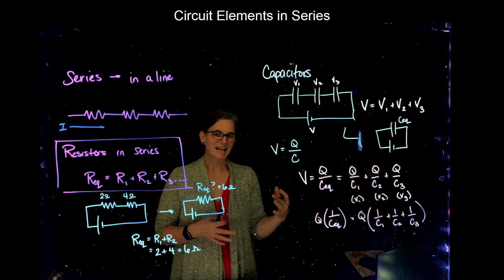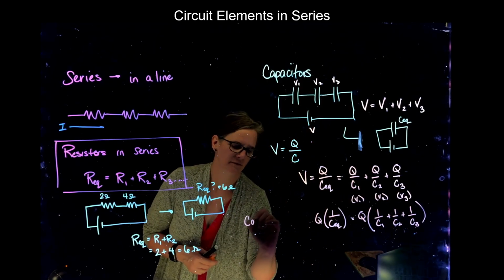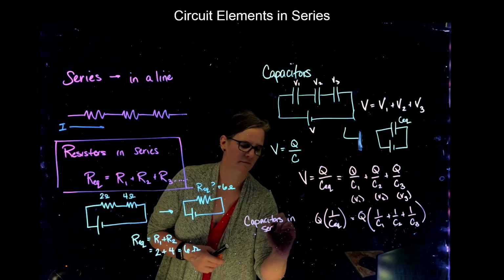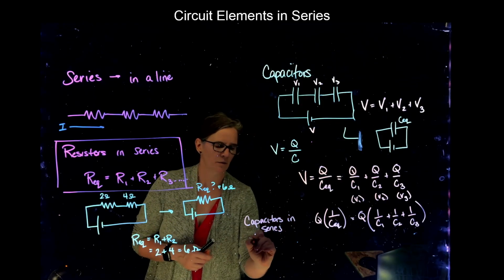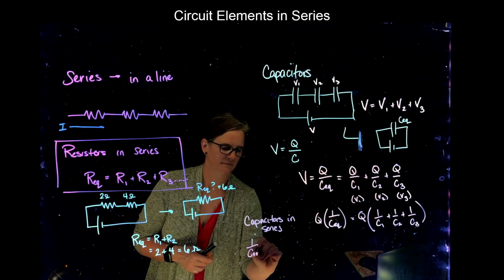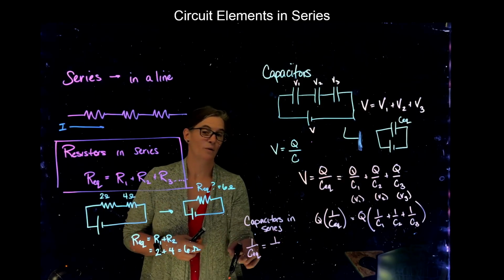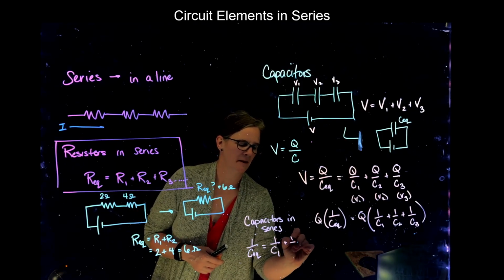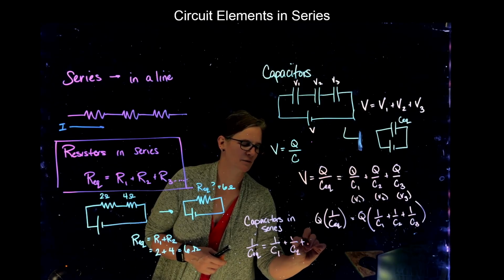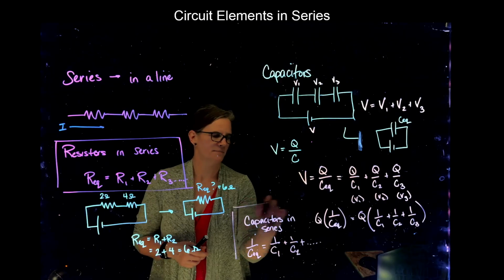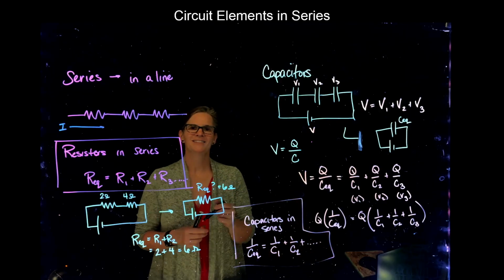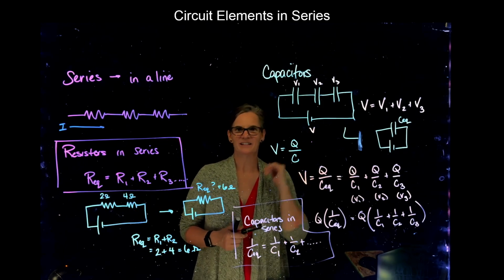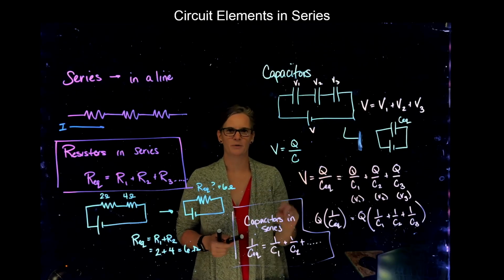So for capacitors in series, 1 over the equivalent capacitance is 1 over C1 plus 1 over C2, and so on and so forth. The inverse of the equivalent capacitance is the sum of the inverses of the individual capacitances. And that's how we derive it.